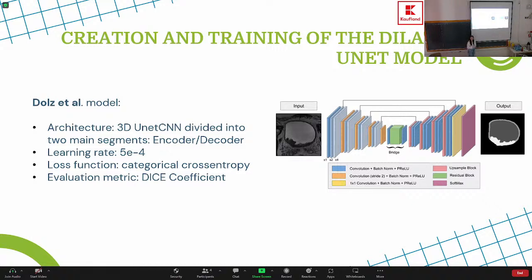Learning rate is 1e-4. Loss function, categorical cross entropy, which is generally used for classification. And for evaluation metric, we use Dice for almost all of them. I forgot to mention in the training process, all of these are trained over 40 epochs and 32 steps per epoch. So all of these use the same settings, so we can compare them.